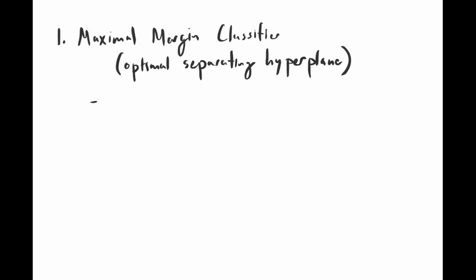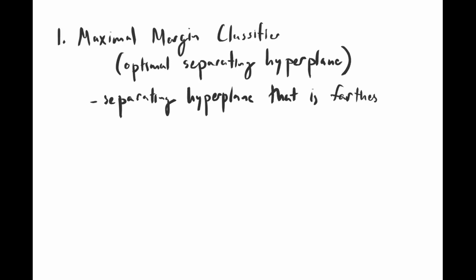So this is a separating hyperplane that is farthest from training observations.